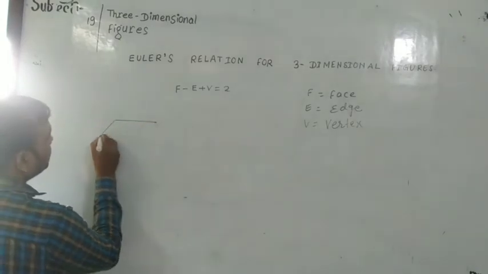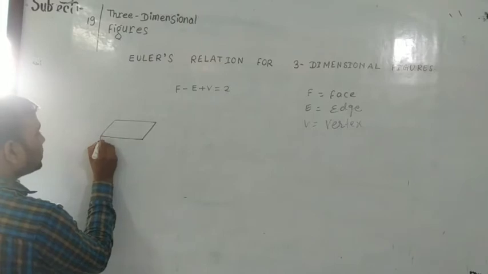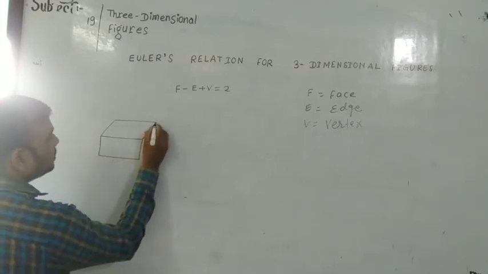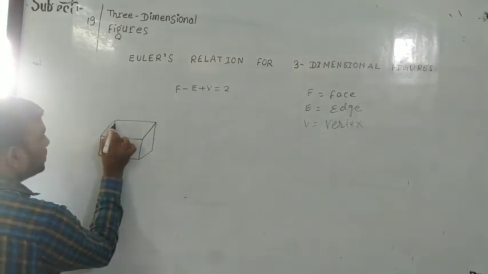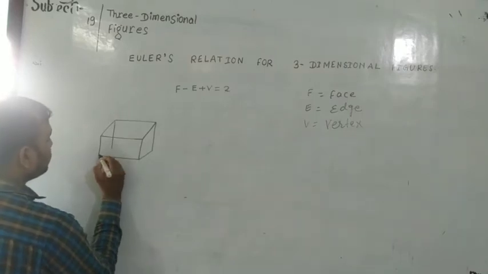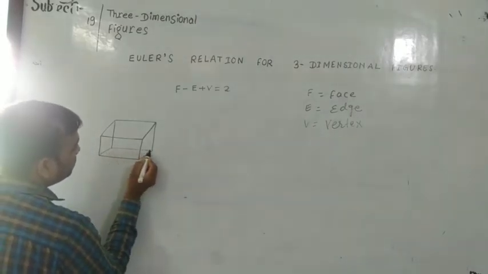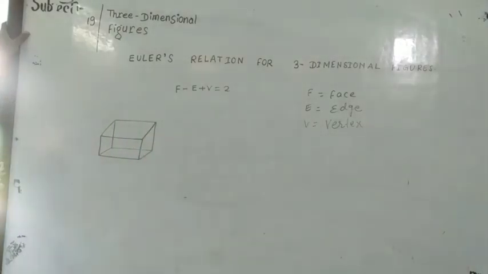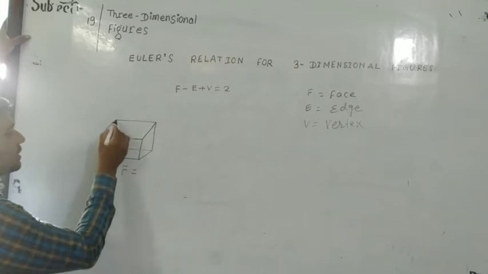A cuboid is made up of 6 rectangular faces. Then we draw a cuboid here and verify the Euler relation with it. Dear student, this is a cuboid because it is made up of 6 rectangular faces. How many faces? There are 6 faces.